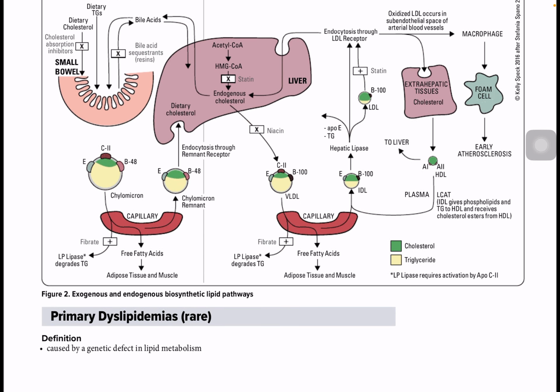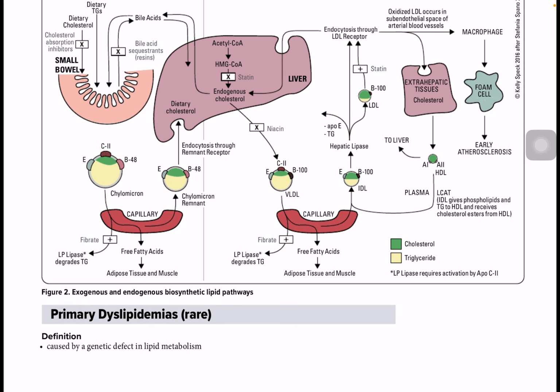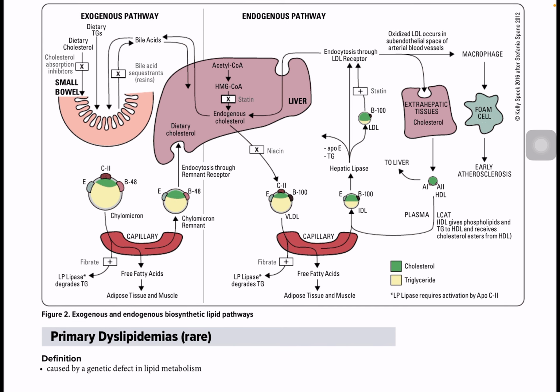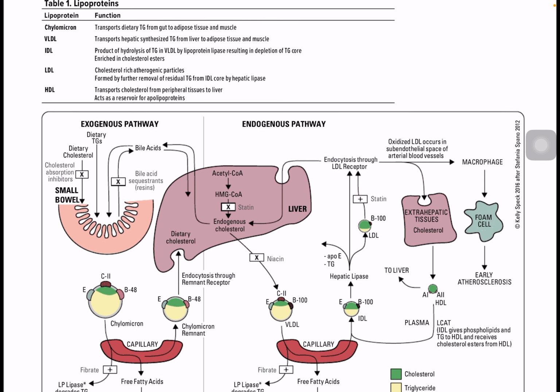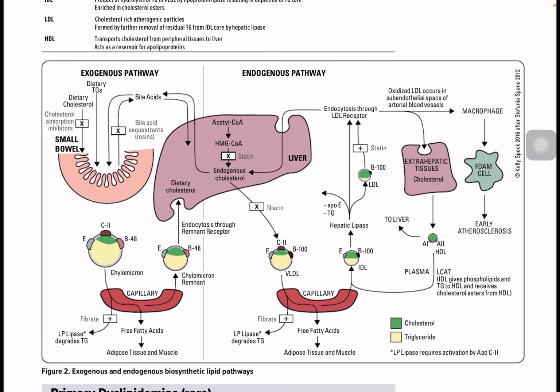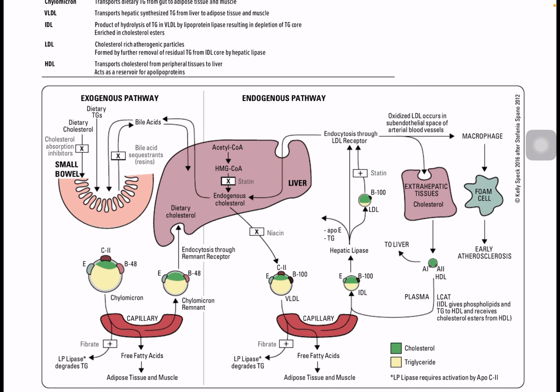Now, moving forward, if you see this exogenous and endogenous biosynthetic pathway, this is something that you can use to learn the table above. You can see chylomicrons are the ones which transport dietary triglycerides to the adipose tissue and muscles.